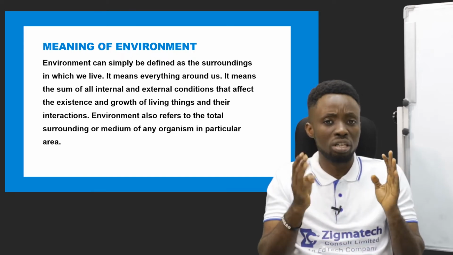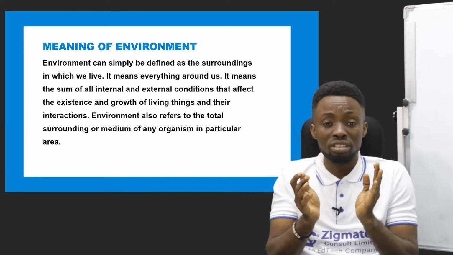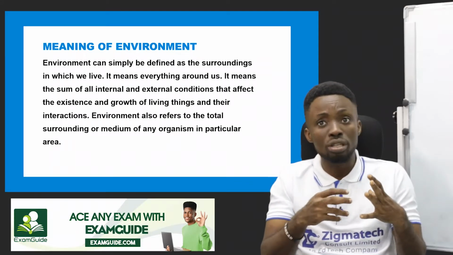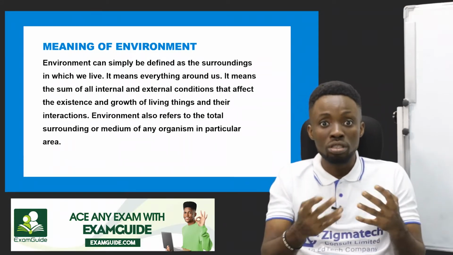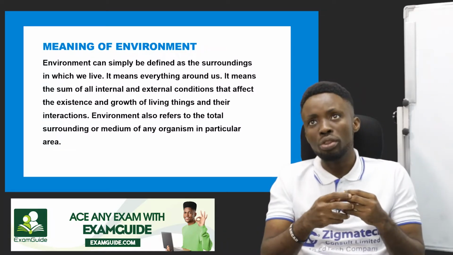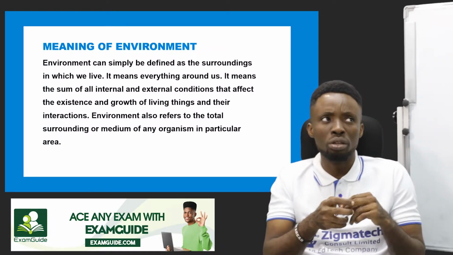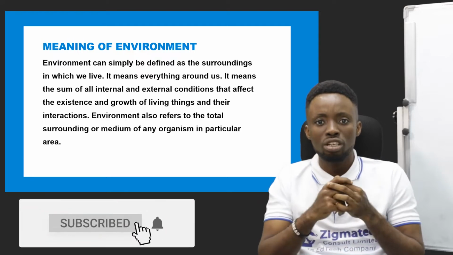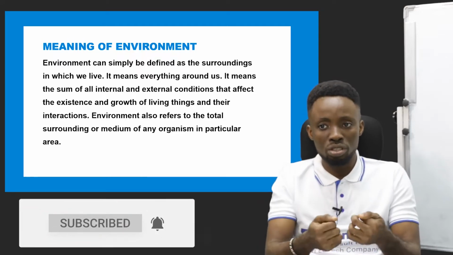And biotic factors are actually living conditions of the environment, and biotic factors include things like plants, things like animals. And when we talk about the abiotic factors, we are talking about those non-living things around us that affect us on a daily basis.